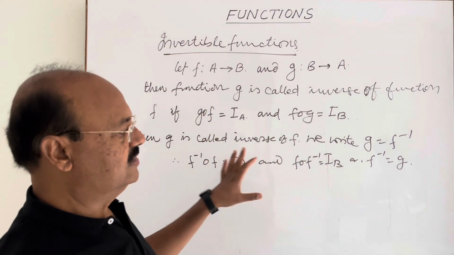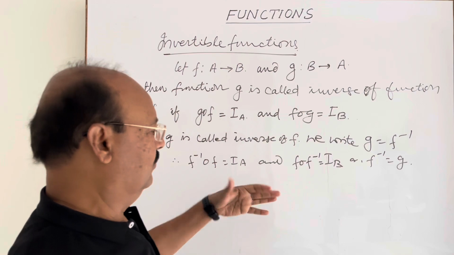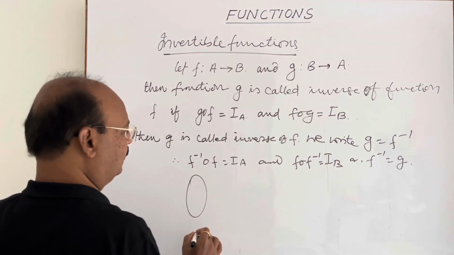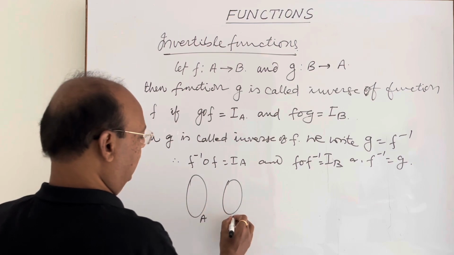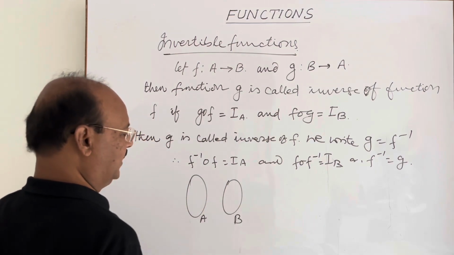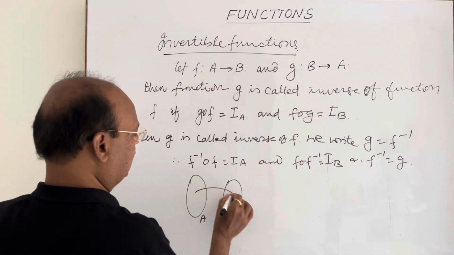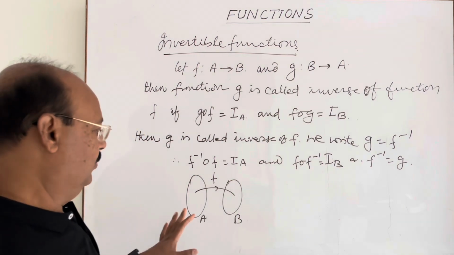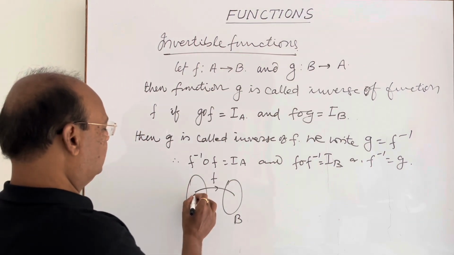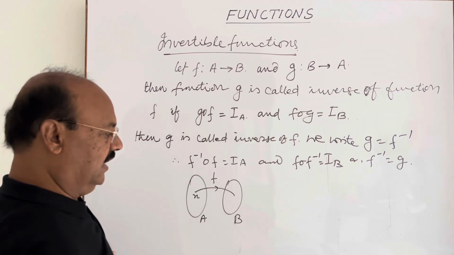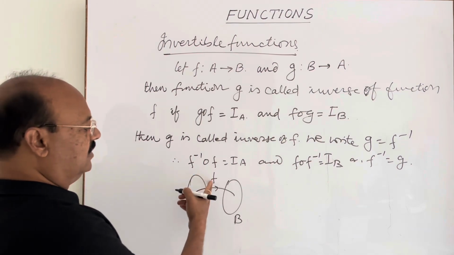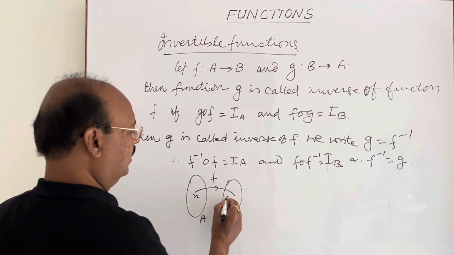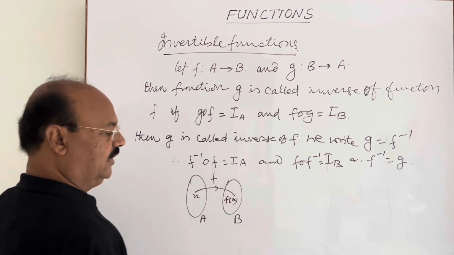We can understand it very easily with the help of a diagram. Diagram is very interesting here. Suppose this is set A and this is set B, and a function f is defined here from set A to set B. If element x is here in set A, then naturally under this function f, image of element x will be here, f(x). Okay.